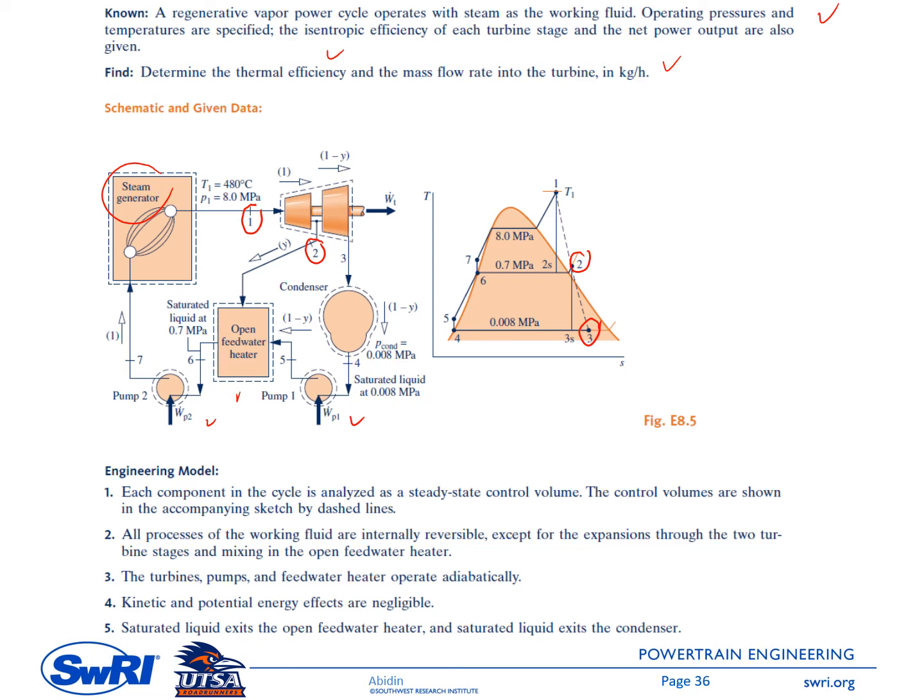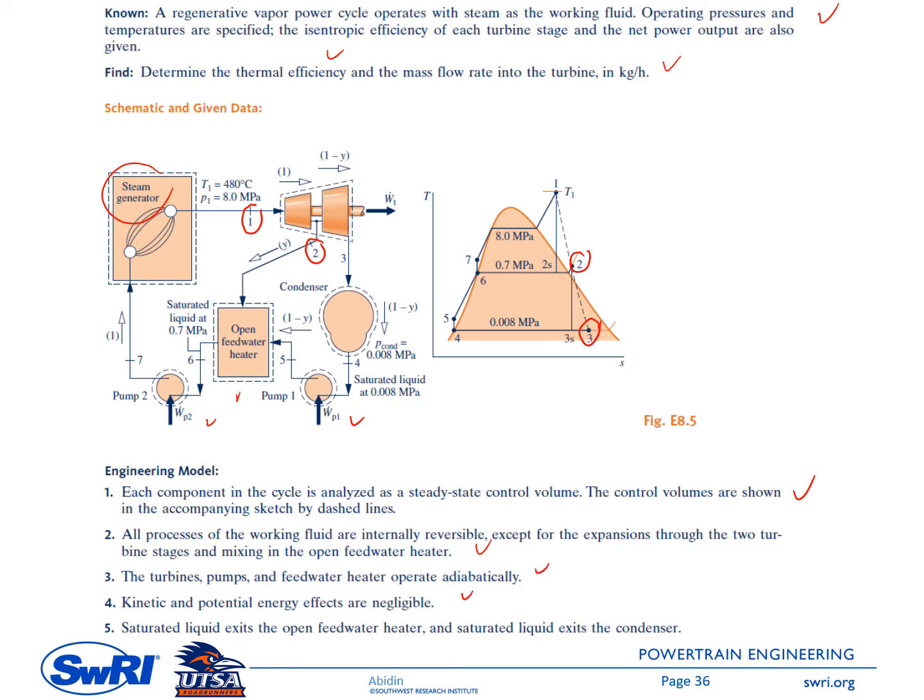This is the engineering model. This is a closed system, steady state. All processes of the working fluid are internally reversible, except for the expansions through the two turbines and mixing. Okay, so there are irreversibilities there. The turbines, pumps, and feed water heater operate adiabatically.